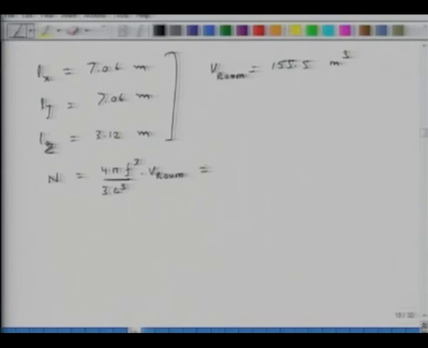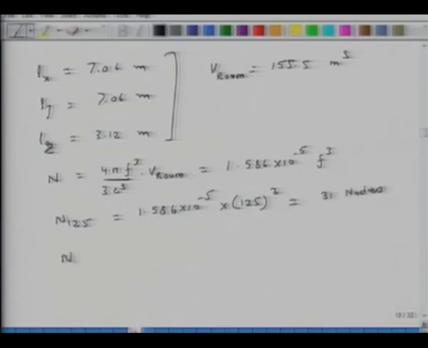And if I do the math, I got a calculator today after a long number of years, I get 1.586 times 10 to the power of minus 5 f cube. So for a 125 hertz frequency, I get 1.586 times 10 to the power of minus 5 into 125 cube, 31 modes.